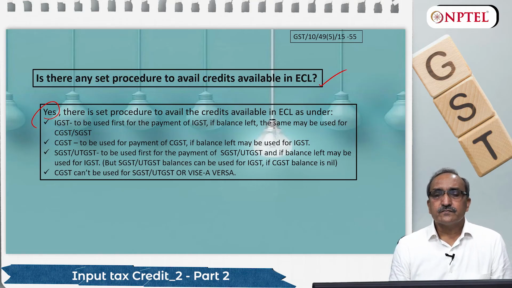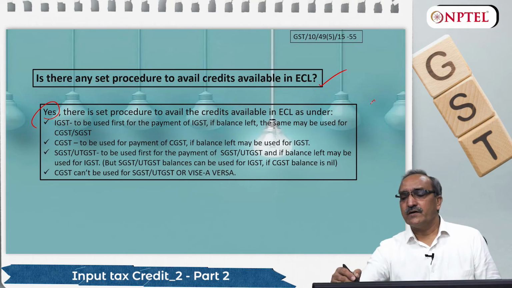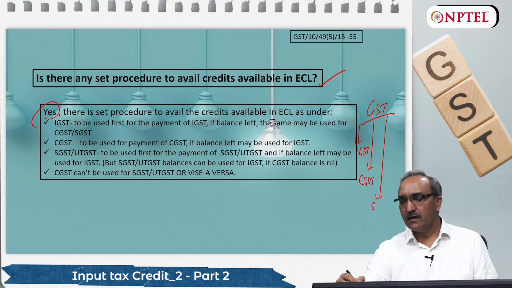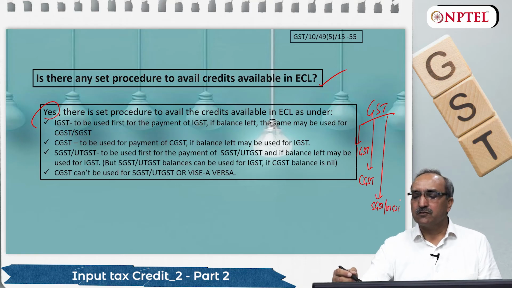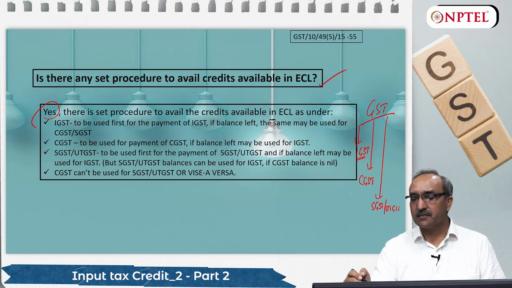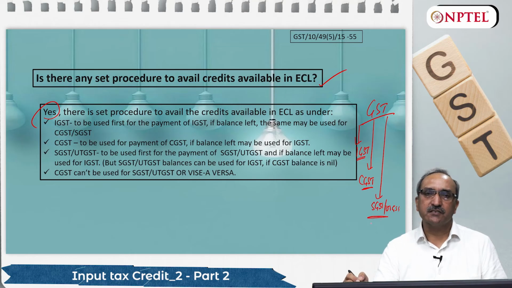In GST, when we have tax liability, the tax liability will be for IGST, for CGST, and for SGST or UTGST. So these three taxes we are supposed to pay under GST. If it is an interstate transaction, IGST is applicable, and if it is an intrastate transaction, CGST and SGST or UTGST is applicable.